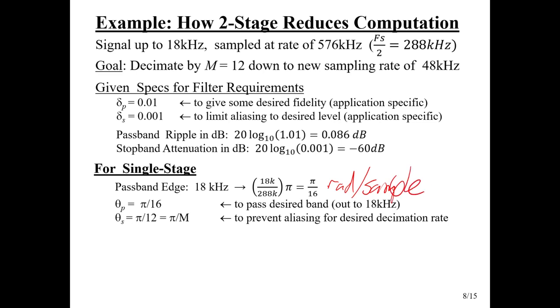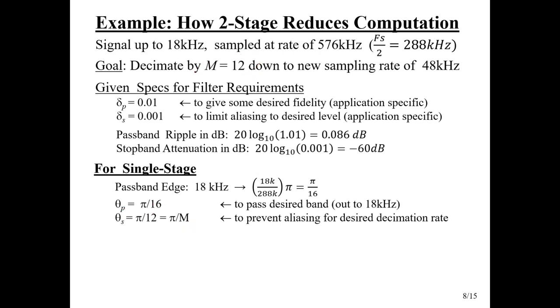Okay, so now we've got our theta sub p, that's our passband edge. And remember the stopband edge, we need this one filter in this single stage to create the Nth band signal. So that means that our stopband is going to be pi over M, and in this case M is 12, so pi over 12.